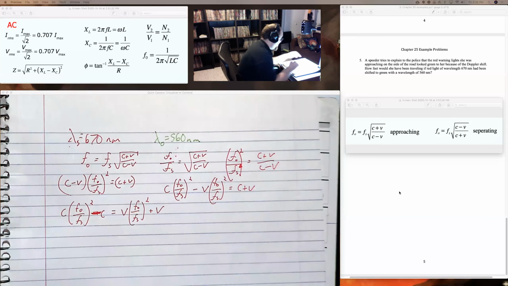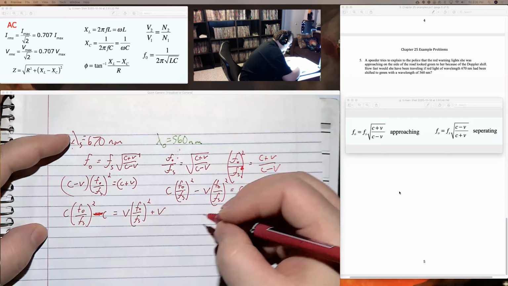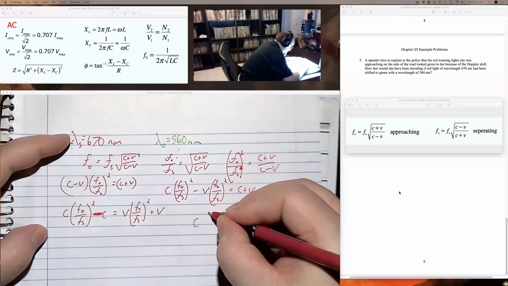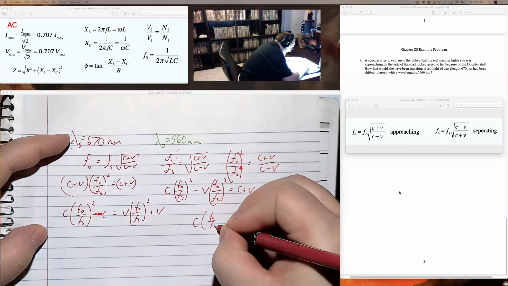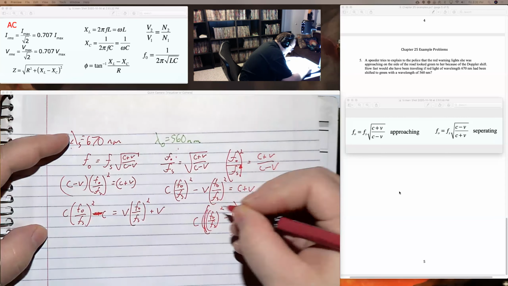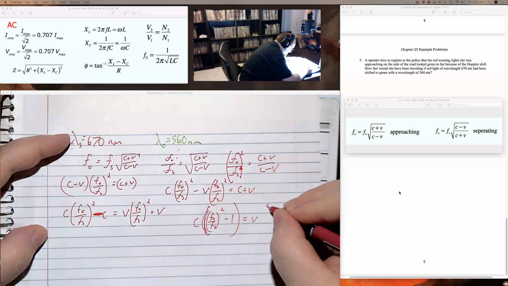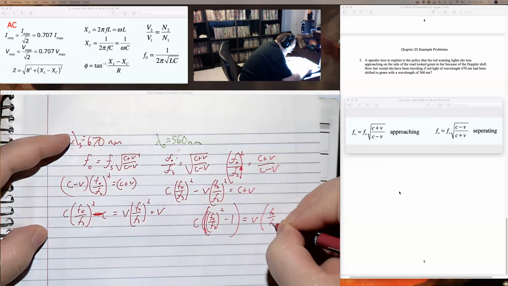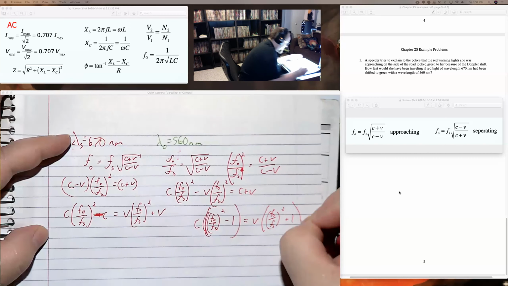I decided to factor out both sides, which would be C (f naught over f s squared minus 1) equals V (f naught over f s squared plus 1).